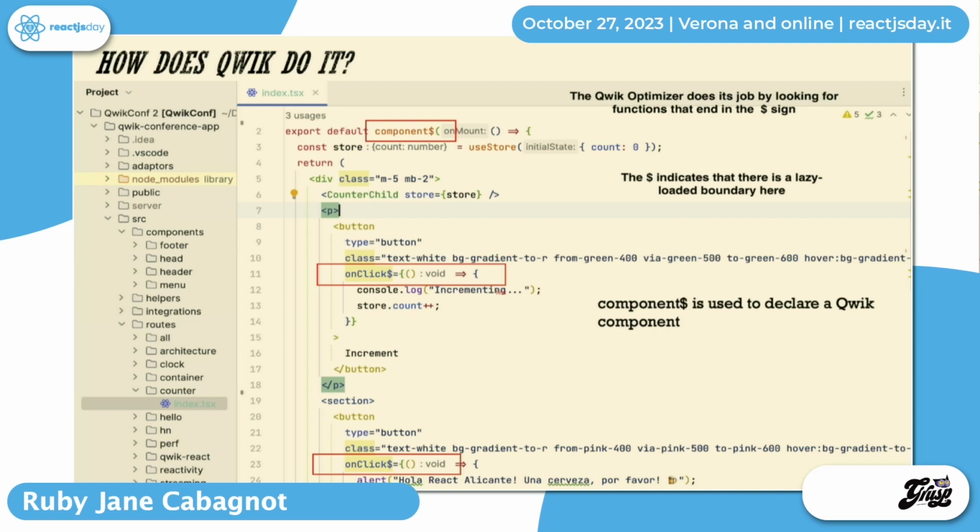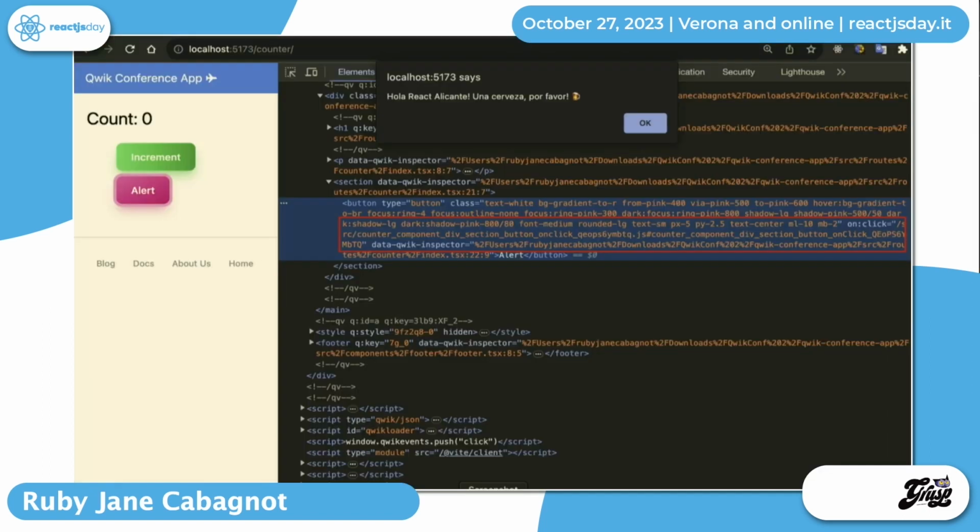Qwik has this thing called the Qwik Optimizer that will run in the build whenever you are building the Qwik application, and it will search for all the $ signs to lazy load. So the question is how does Qwik do it? Let's take a look at the alert button like what we showed earlier. It has a click property, and this is a special attribute.